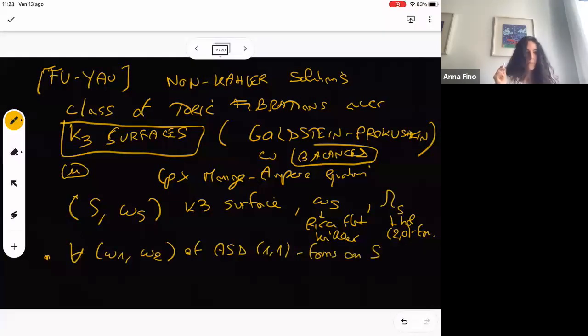on S, you can construct the torus bundle. You need the topological condition that omega_i, up to the factor 1/2π, is an integer class.